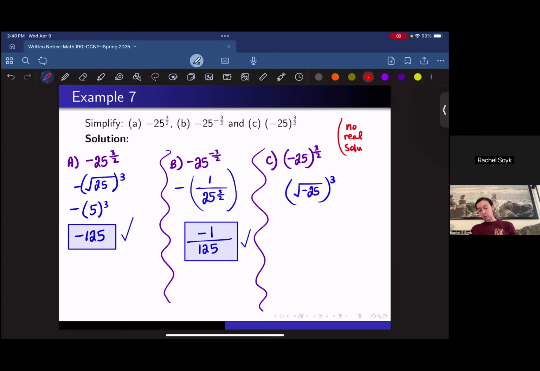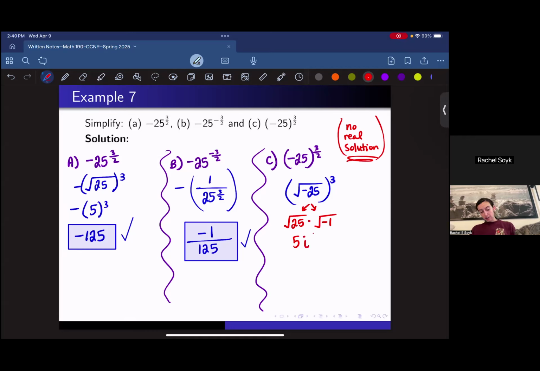We jump into that imaginary world, which we'll solve, but you just want to keep that in mind. It's not a real number anymore. We know the square root of 25 is 5, and then the square root of negative 25 can be broken up into the square root of 25 times the square root of negative 1.